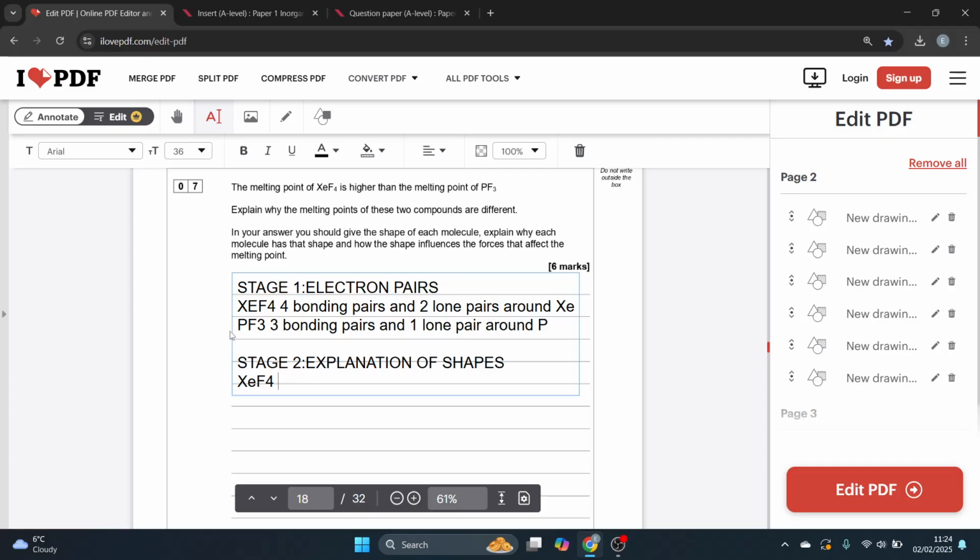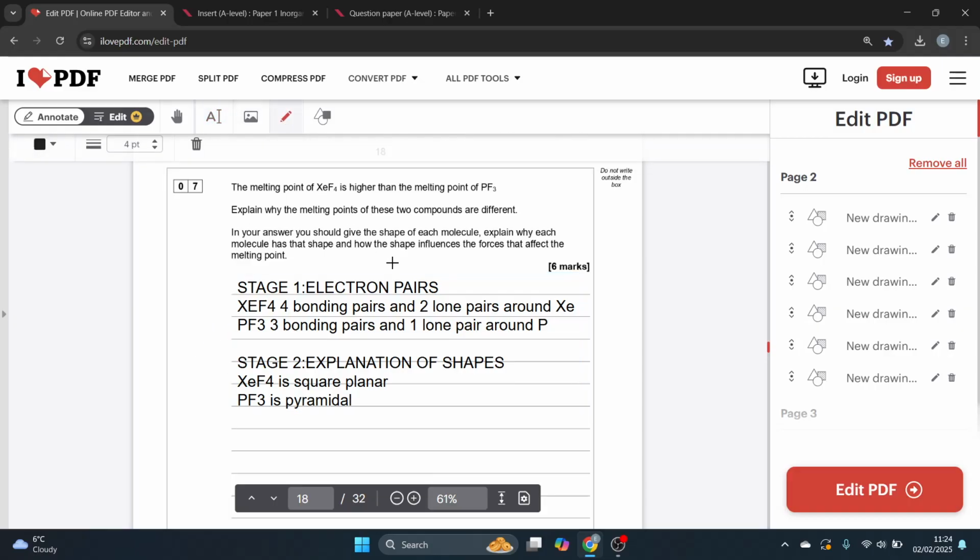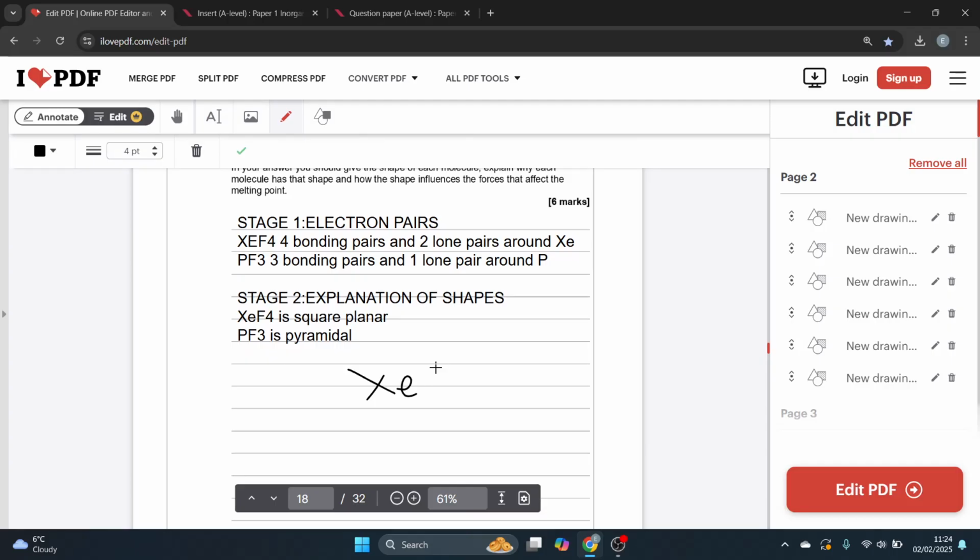XeF4 is square planar. PF3 is pyramidal. And it might want me to draw it out as well, so let's draw it out. So Xe, just very simple diagrams. 4 bonding pairs, 2 lone pairs.